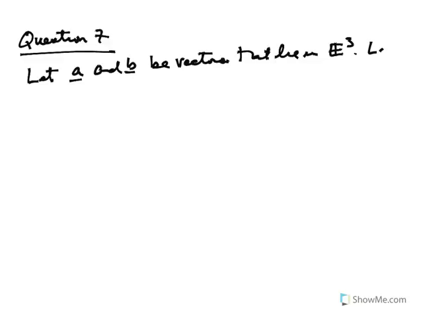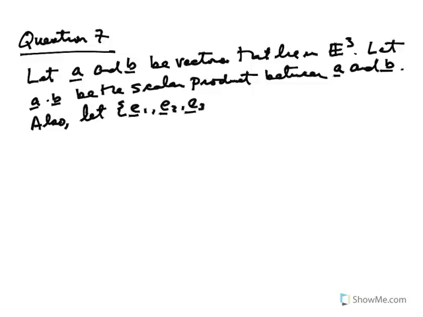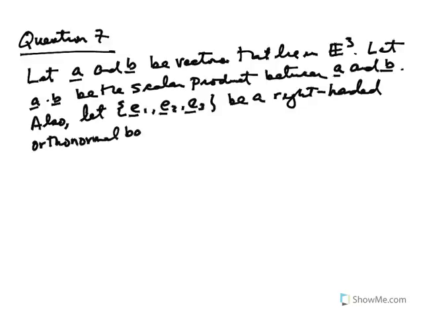And let A dotted with B be the scalar product between A and B. And also let E1, E2, E3 be a right-handed orthonormal basis for E3.